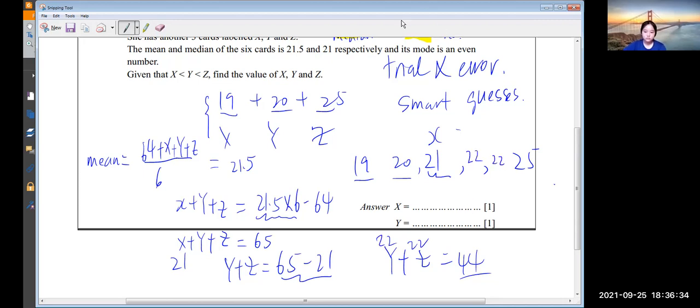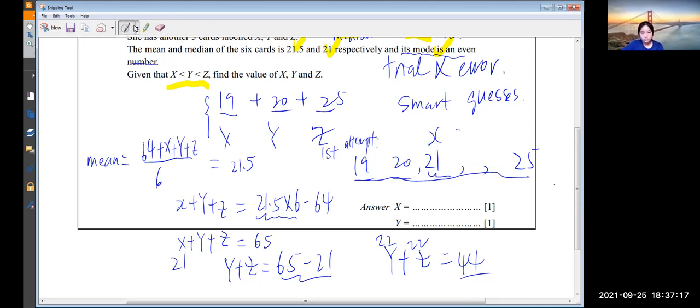Now I ask myself, it says the mode is an even number. Is the mode in this first attempt an even number? Yes, because the mode is 22. It's an even number, good. So this one meets the requirement, but it cannot work because it says Z is bigger than Y, bigger than X. So we have to change.